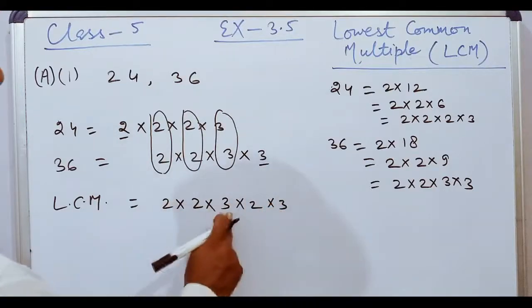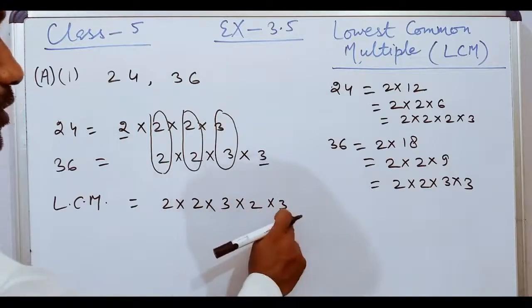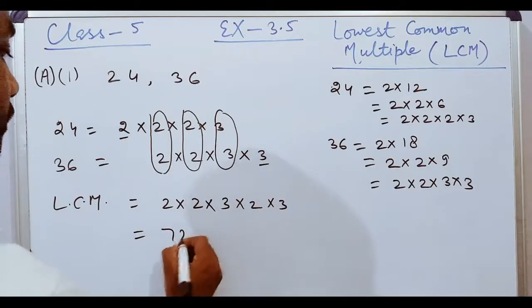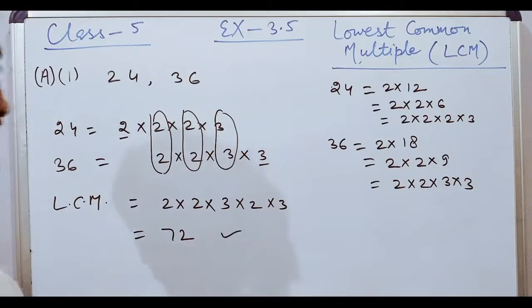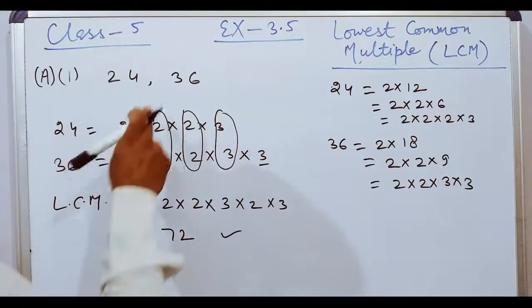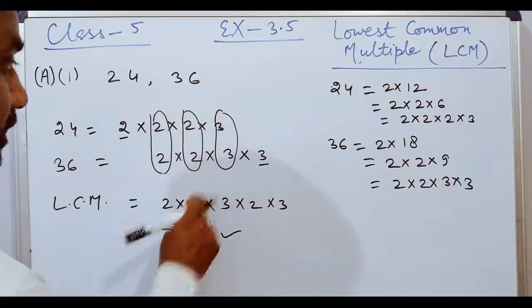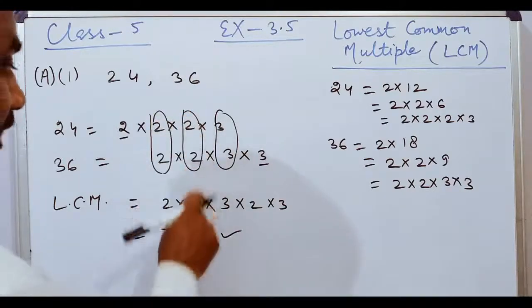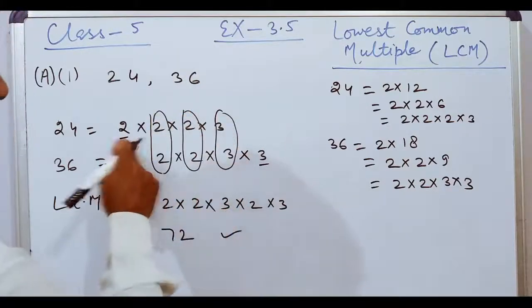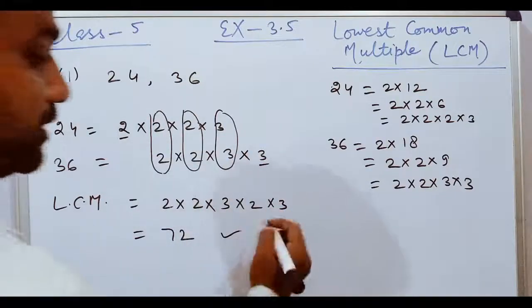Then 2 times 2 is 4, 3 times 4 is 12, 2 times 12 is 24, 3 times 24 is 72. So 72 is the LCM. Again I am telling, common elements we have to write together once: one 2, one 2, one 3, then the remaining 2 and 3. This is the LCM.